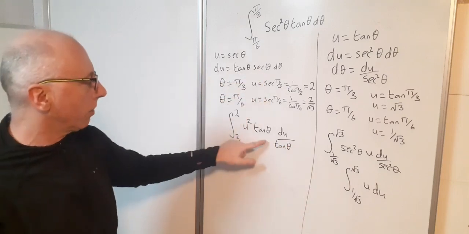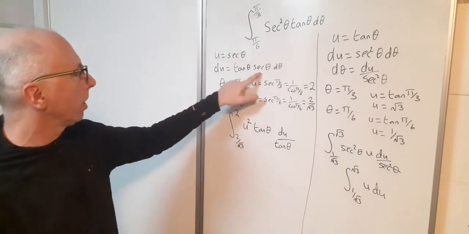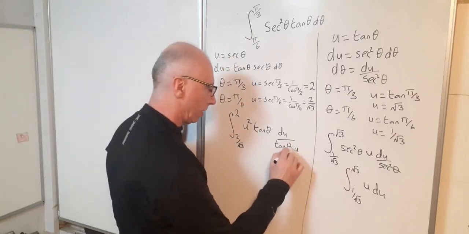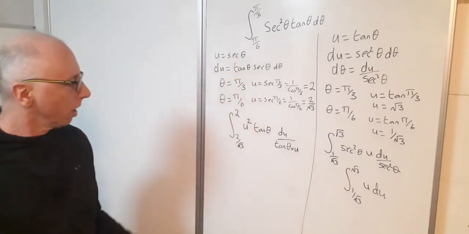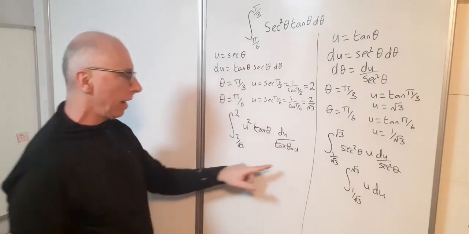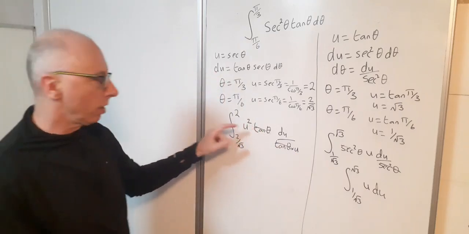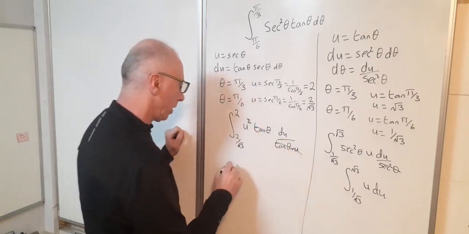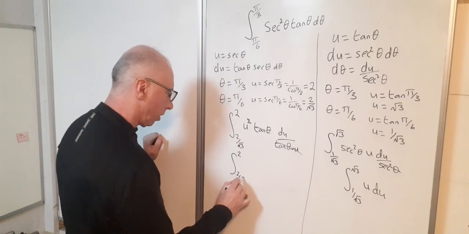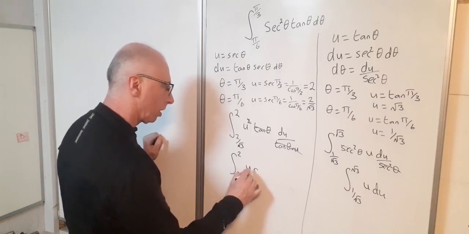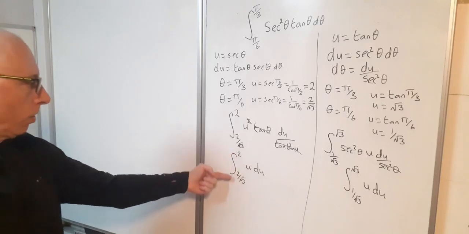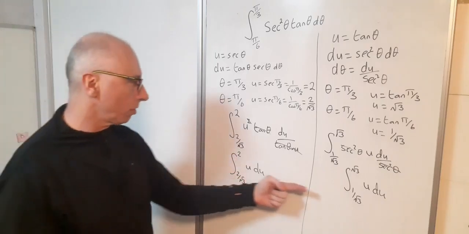Well, secant theta, I've got no cancellation, but secant theta is our u, so I can put u there. I'll put a times there so we can see. Now, these can cancel out, and then this u cancels out the squared term. So then our integral is from 2 over root 3 to 2 of u du. Now, mysteriously, these do not look like the same integrals.